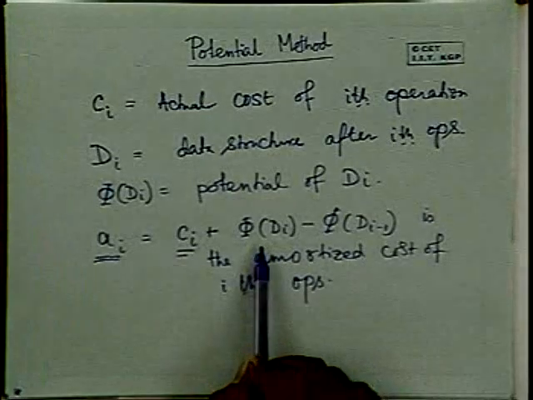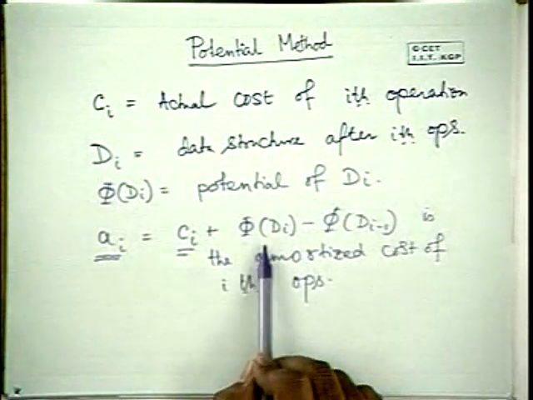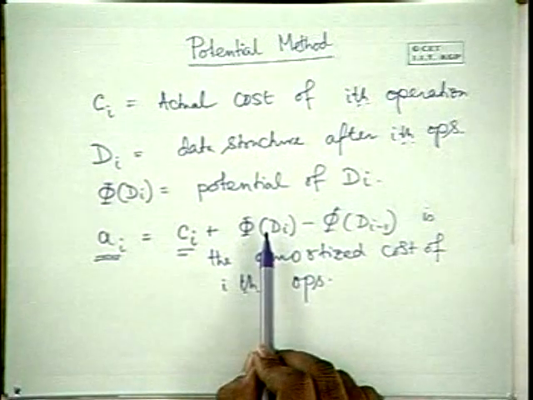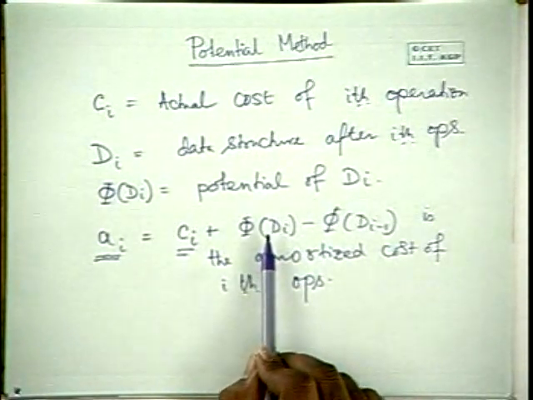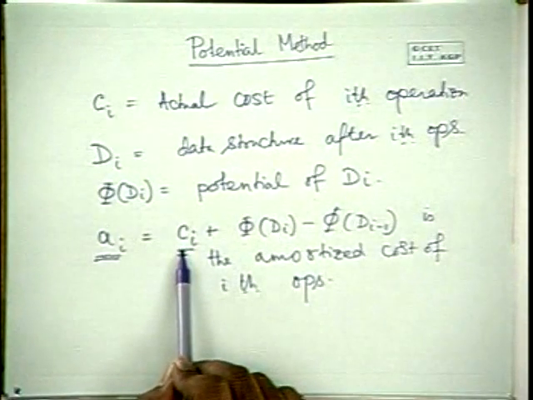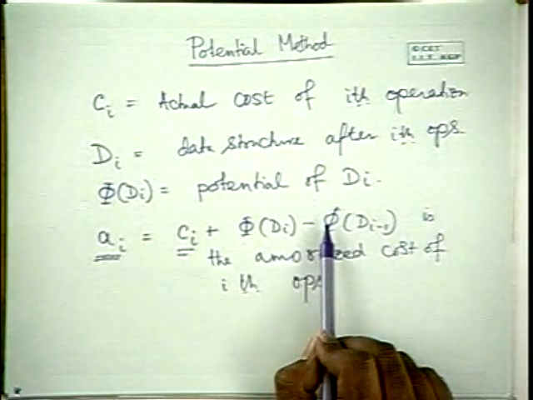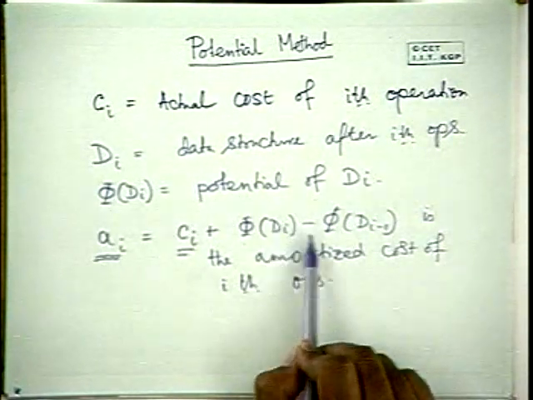It means for this operation you are building some charge on the data structure, or in another sense you are overcharging the operation, because your actual cost is Ci, but you are measuring a little bit more. But in some cases the change in potential might be negative.